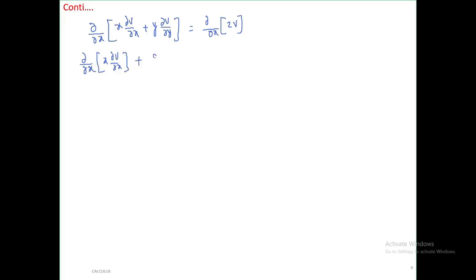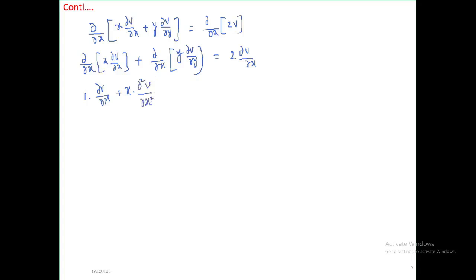Next, again ∂/∂x of y ∂v/∂y, is equal to 2 ∂v/∂x, because v is a function of x and y. First, the derivative of x with respect to x is 1, and ∂v/∂x as it is, plus x as it is, ∂/∂x of ∂v/∂x. What will we get? ∂²v/∂x².